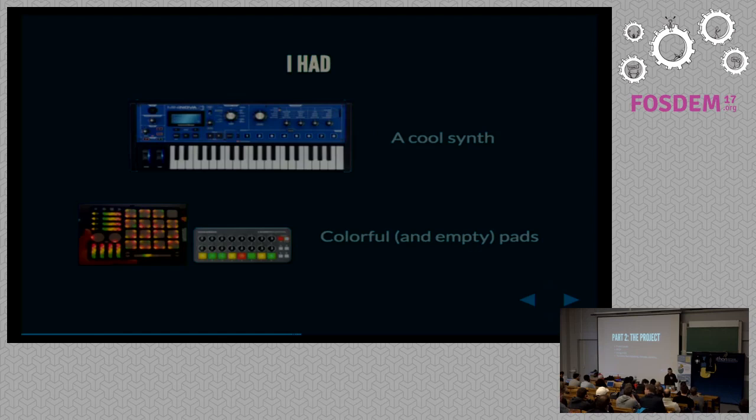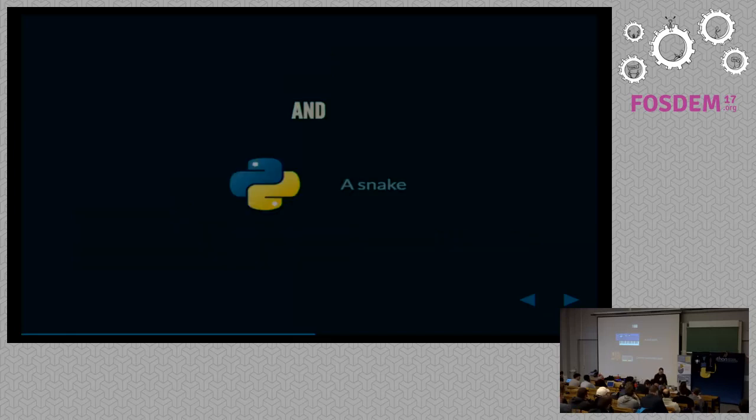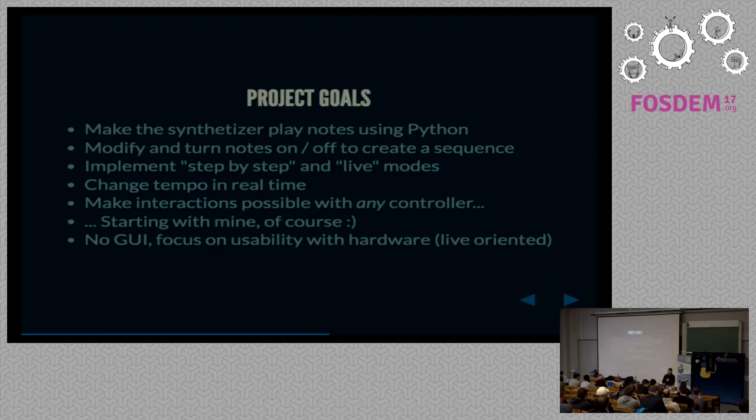Okay, so now I will present the project. So I had a synthesizer and MIDI pads. These are just controllers. They don't contain any sound. And a Raspberry Pi, of course. So I wanted to make the synthesizer here play notes using Python.